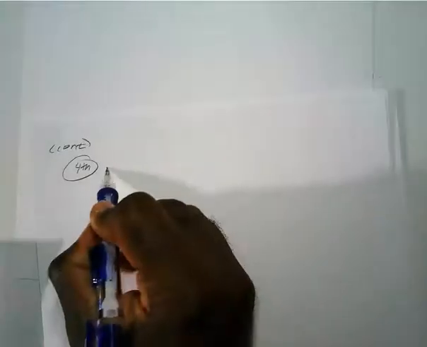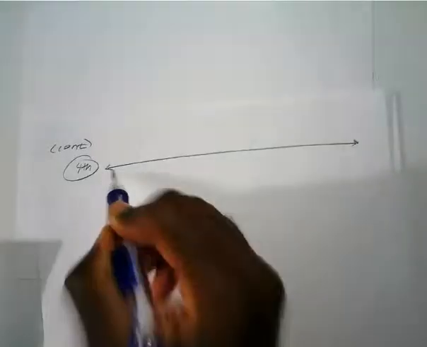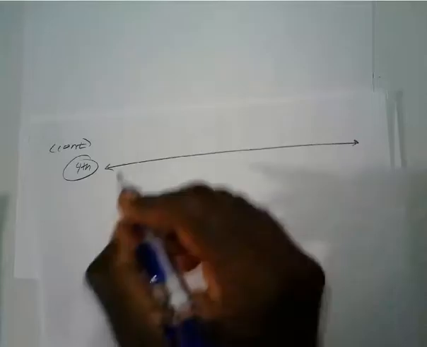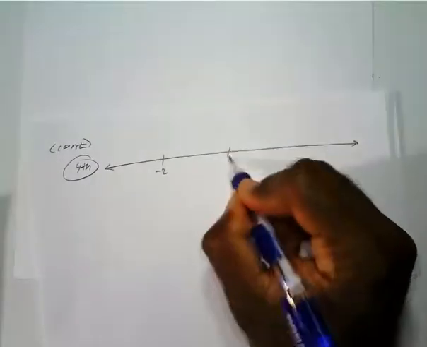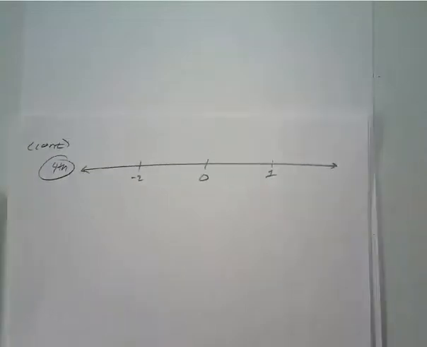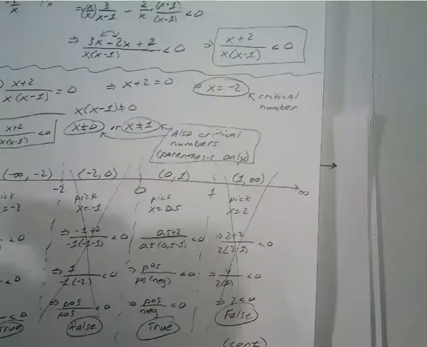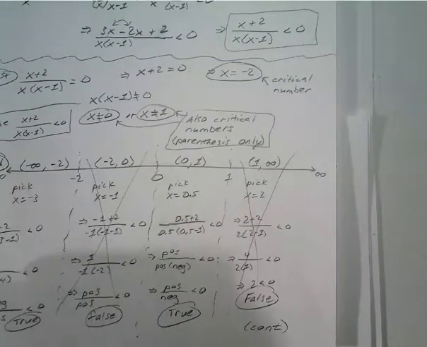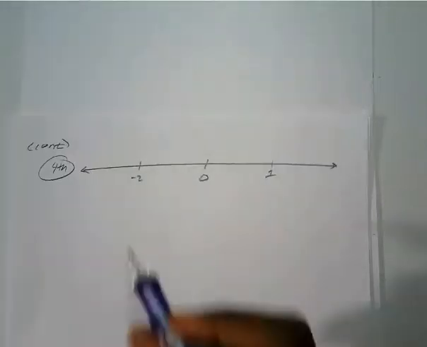All right, so that brings us to our fourth step, writing our solution. If we write down all of our critical numbers, we have -2, 0, and 1. You can see from the previous page that from -infinity to -2 and from 0 to 1 are true.